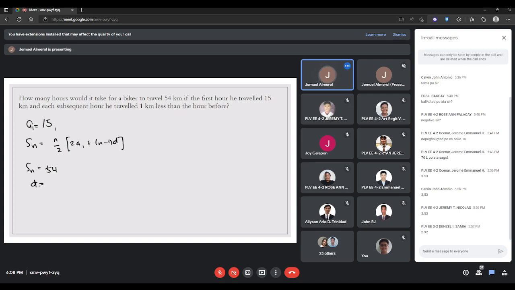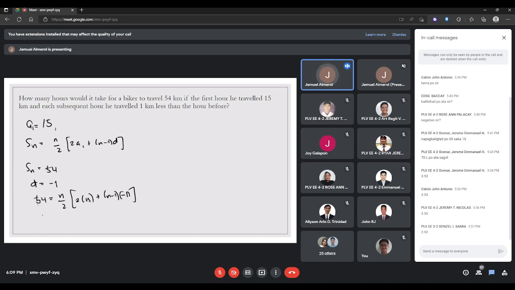Common difference. 1 hour less than before. So ibig sabihin, negative 1. 1 kilometer pala, less than. So if we apply, 54 is equal to n over 2 multiplied by 2 times 15 plus n minus 1 times negative 1.